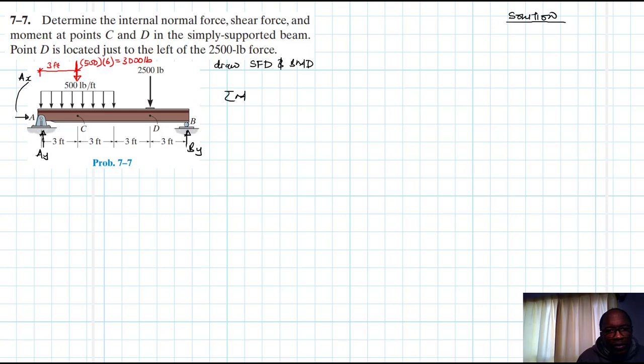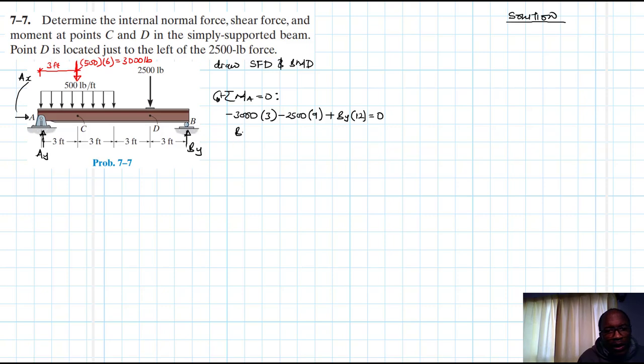So we have summation of moments about point A equal to 0, with clockwise being our reference. We have 3,000 clockwise by the lever arm, which is just 3, and then we have 2,500 times 9, and then we have BY times 12, equal to 0.